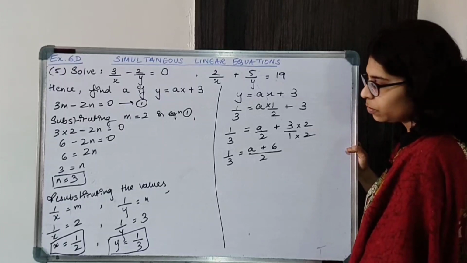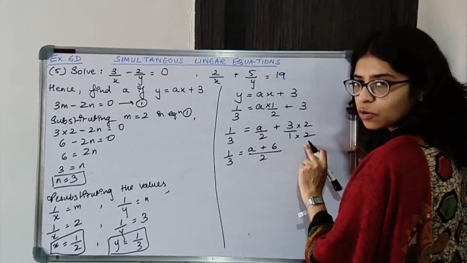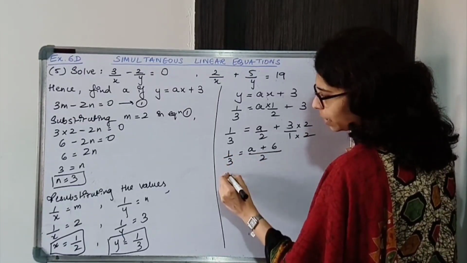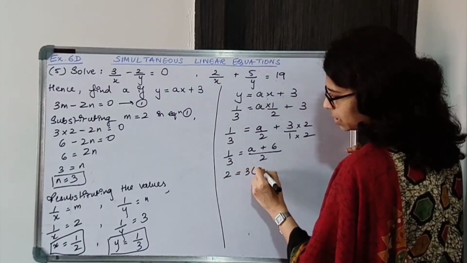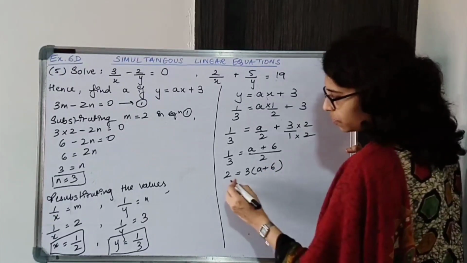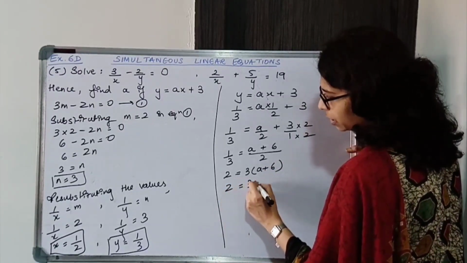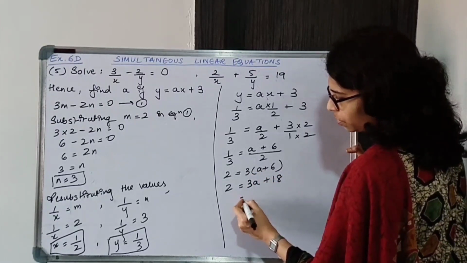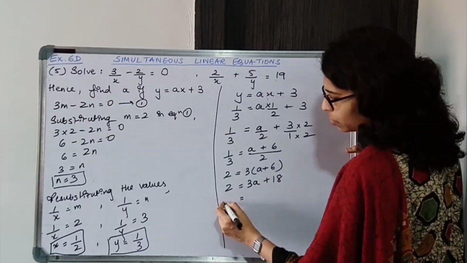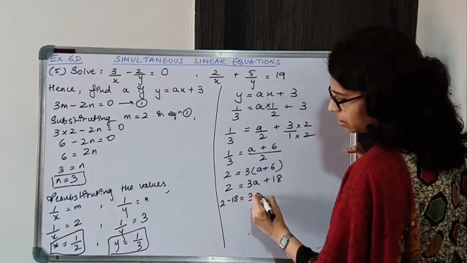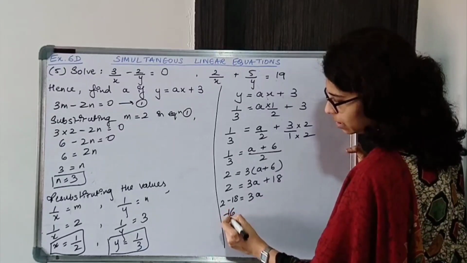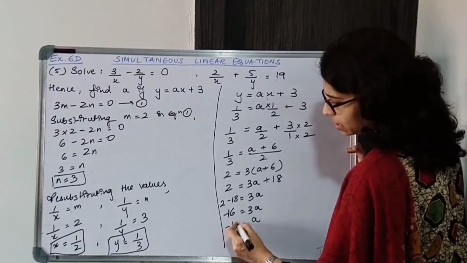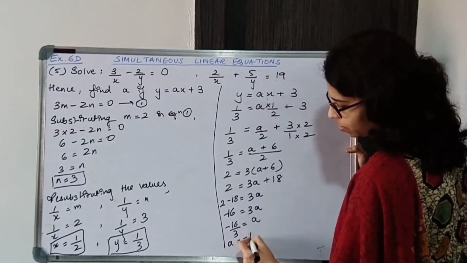So the denominator is the same. Now just cross multiply, so 2 into 1 gives 2 and 3 into a plus 6. So 2 is equal to 3a plus 6, 3 6s are 18. So shifting 18 over here, 2 minus 18 is 3a, so minus 16 is 3a, so a is minus 16 upon 3.